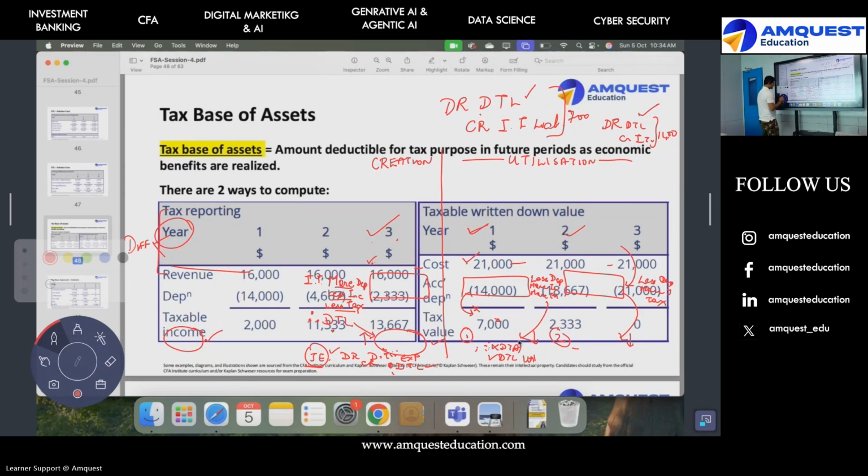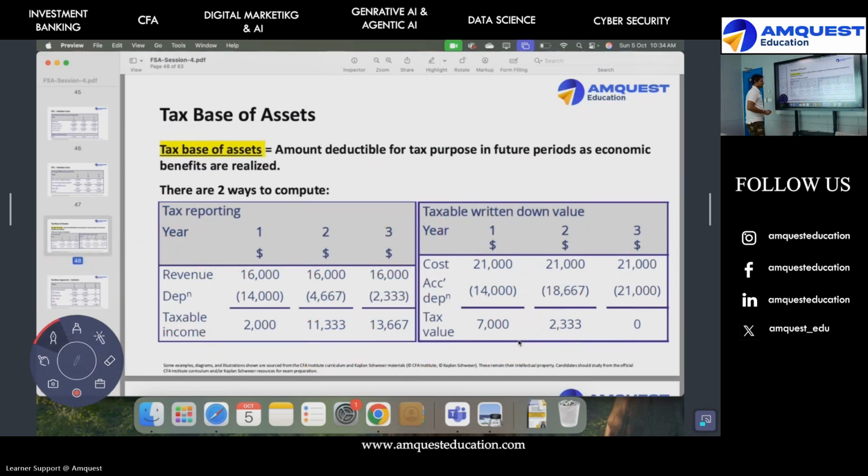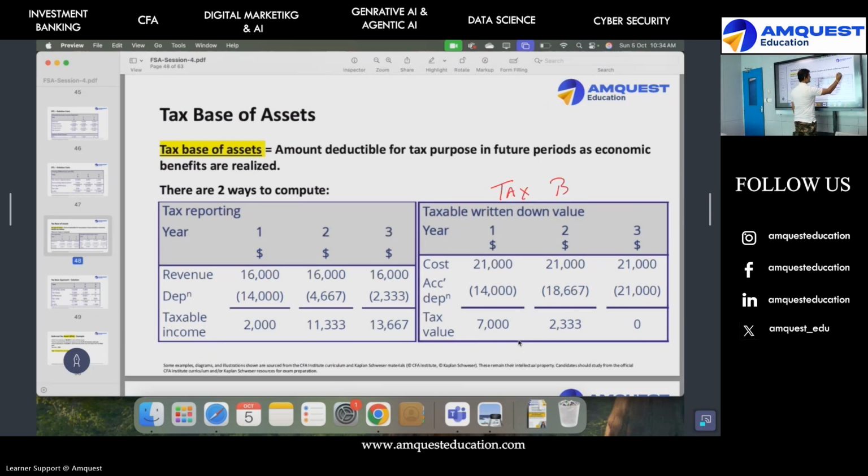Now, obviously, the question could also be compute the tax base or around the tax base. Now, what is tax base? Basically, this refers to tax base. When I say tax base, I want to know the tax written down value.